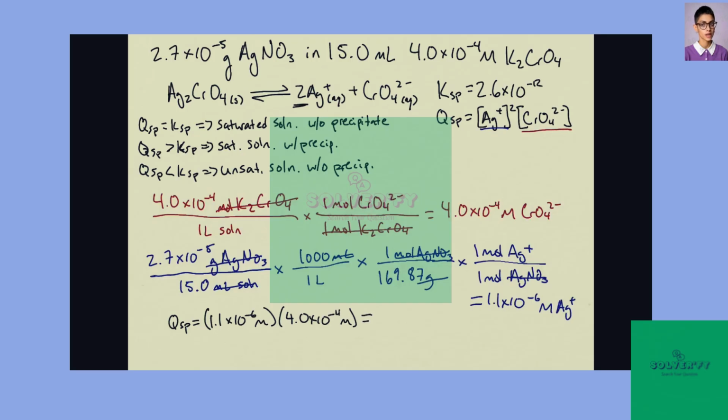And this is equal to 4.2 times 10 to the negative 10th. Our KSP is 2.6 times 10 to the negative 12th, so our QSP is greater than our KSP. And that means that we have a saturated solution with a precipitate. So solid Ag2CrO4 was formed.